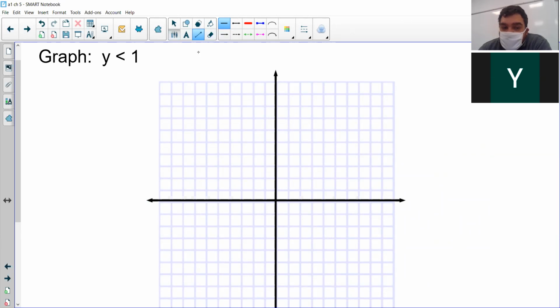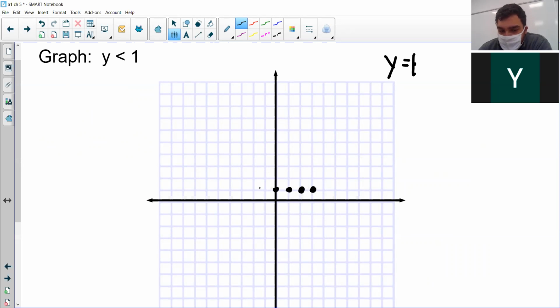Just a reminder, when you graph y equals 1, you have to graph every point where y equals 1, like 0,1; 1,1; 2,1; 3,1; -1,1; -2,1.